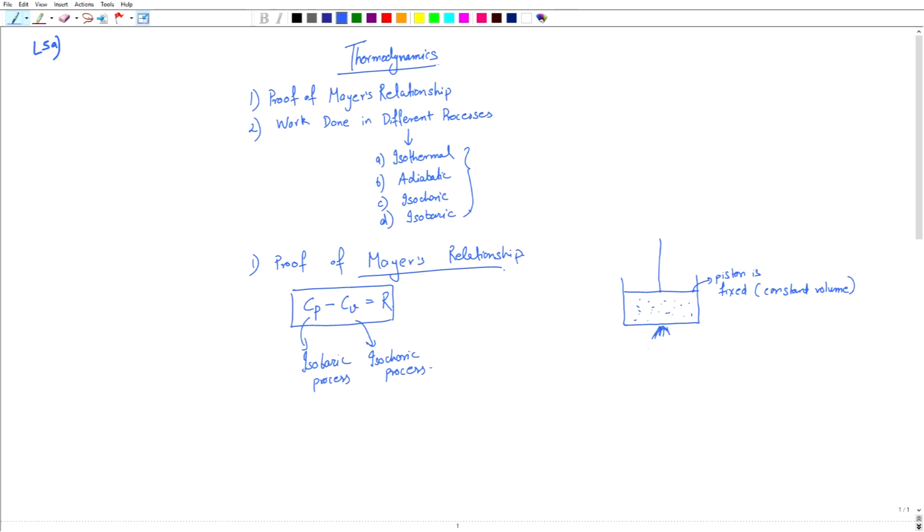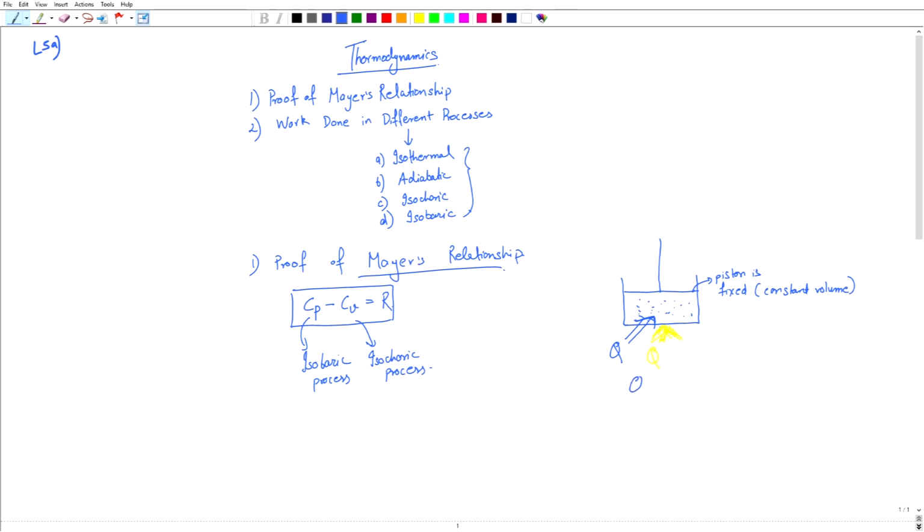Let's say Q heat is given, and we want to find out what is happening with it.